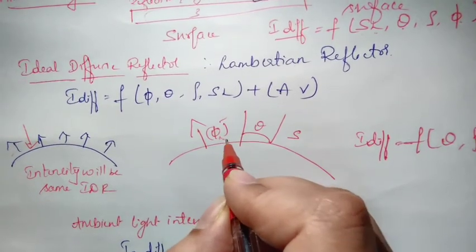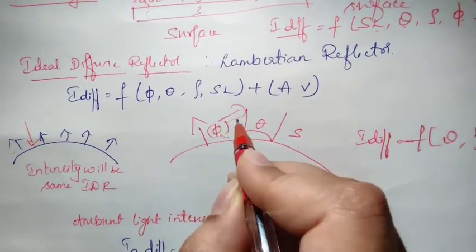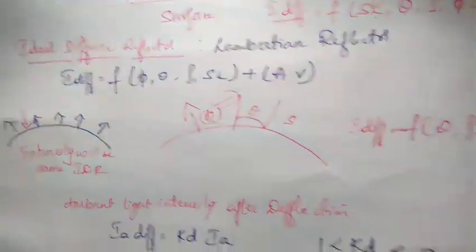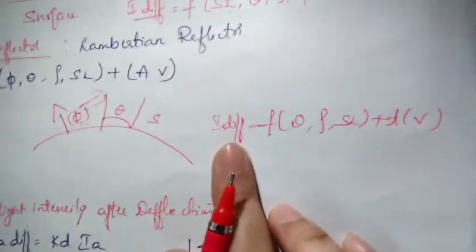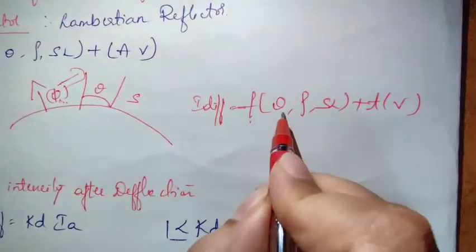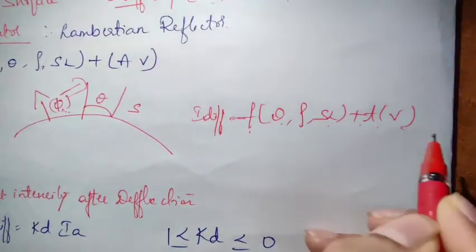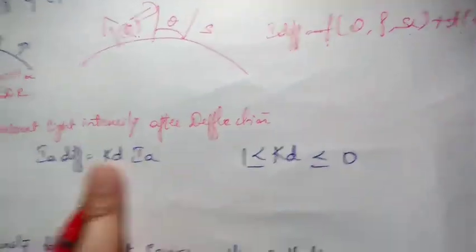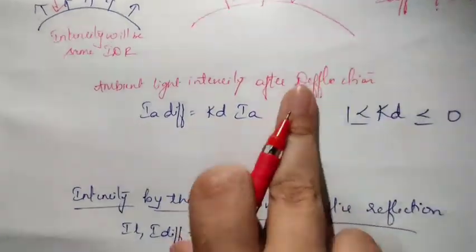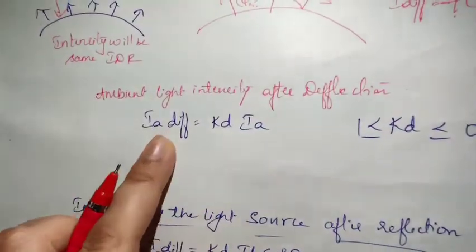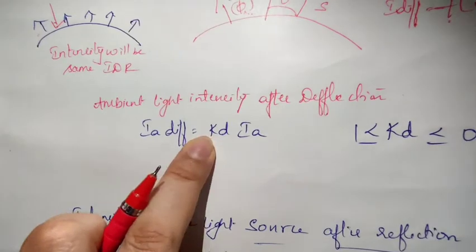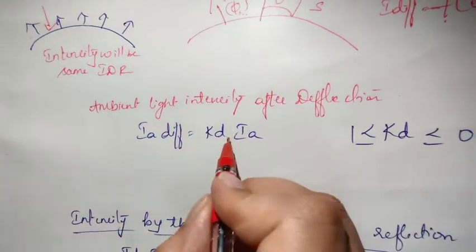So the formula becomes: ideal diffuse reflector is a function of theta, rho, SL plus ambient light. The ambient light intensity after reflection is equal to KD into IA.